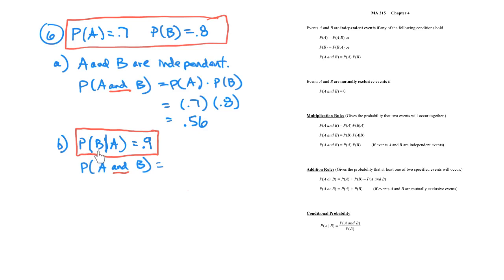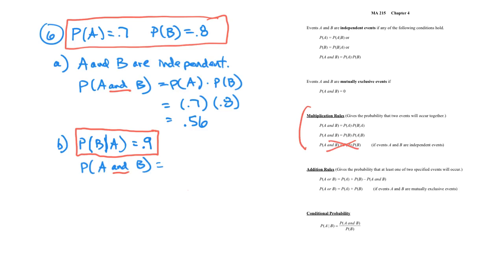Probability of B by itself, 0.8, which means that these are not independent, right? When A happens, it makes B more likely to happen. So A and B are connected some way. They're not independent. So when we look down here at our and rules, we can get rid of this one.